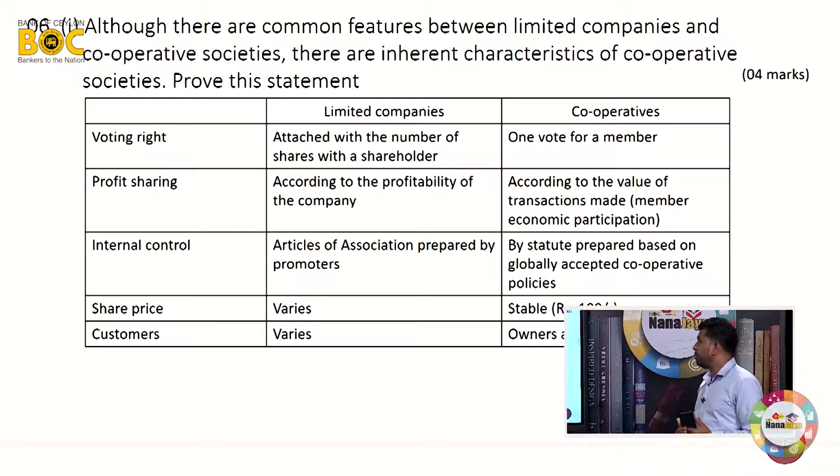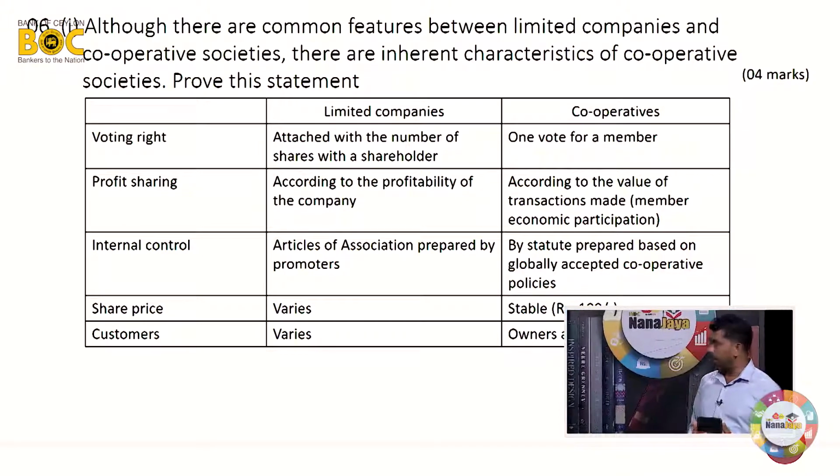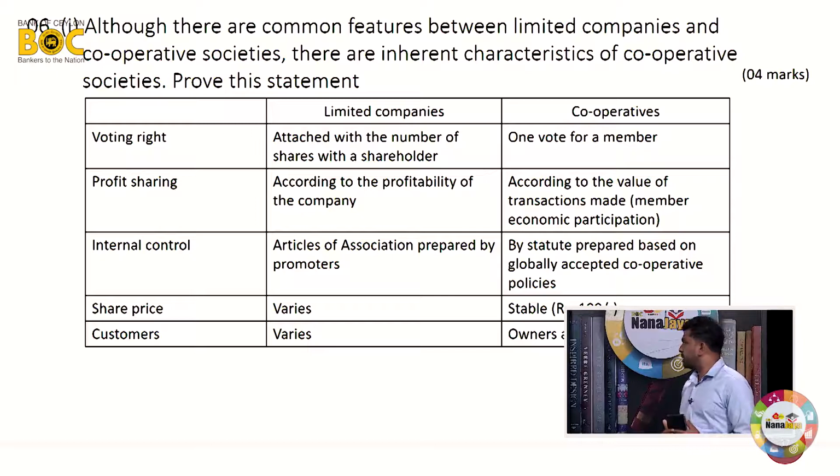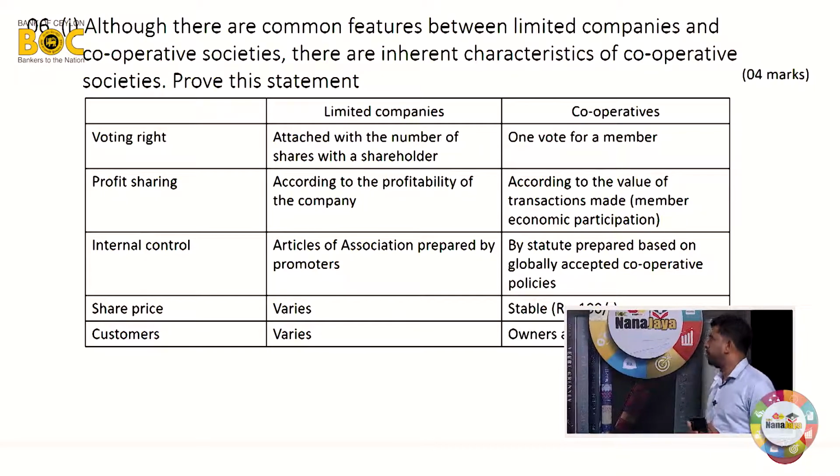Profit sharing. In limited companies, profit is shared according to the profitability of the year, but in cooperatives, profit is not shared, but in some instances, benefits are given according to the member economic participation. That means according to the value of transactions made by each member. Internal control.